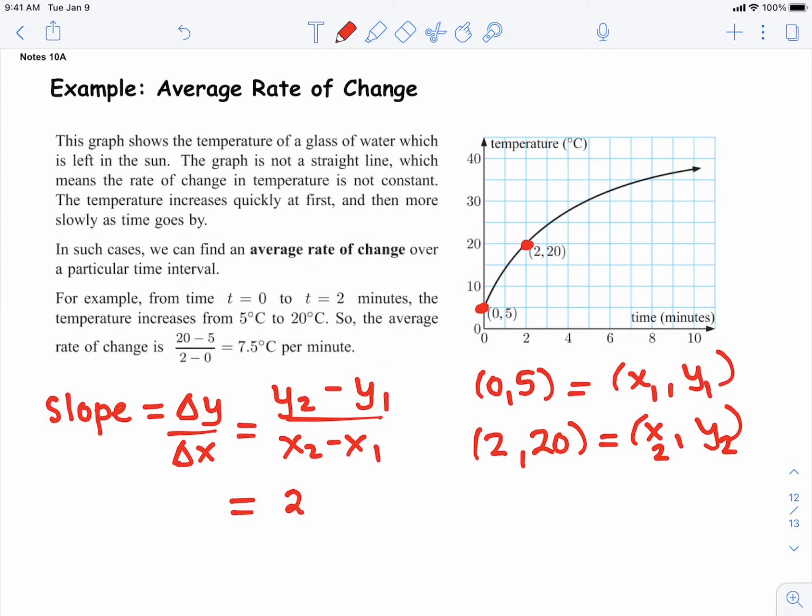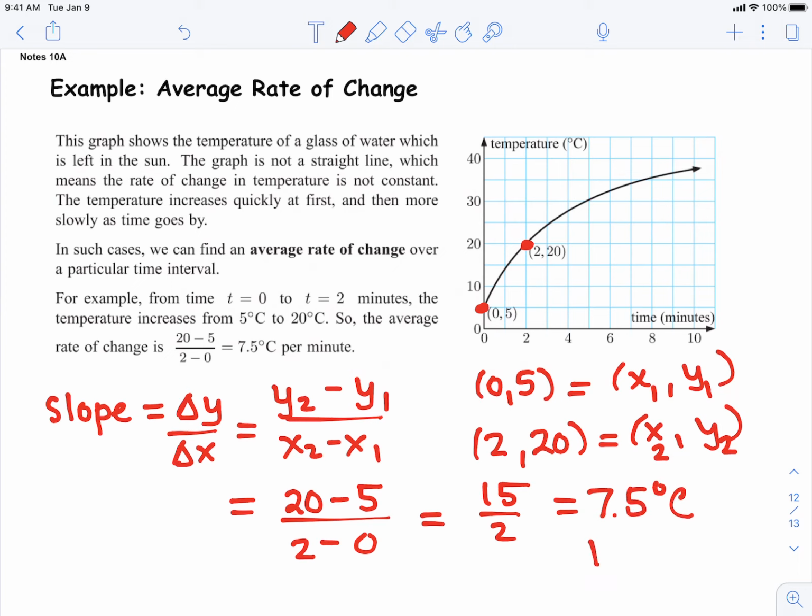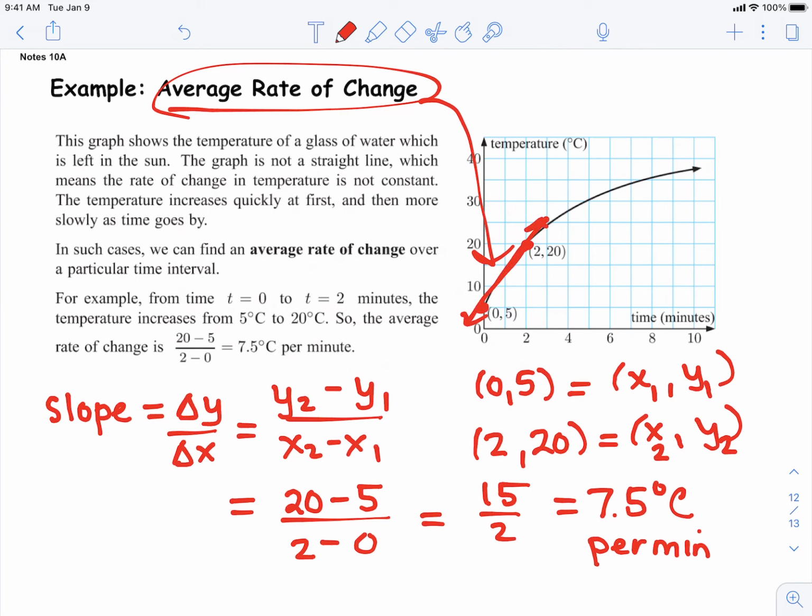So 20 minus 5 over 2 minus 0, simplify it, 15 divided by 2, which is 7.5 degrees Celsius per minute. So that would be the average rate of change between those 2 points, the slope.